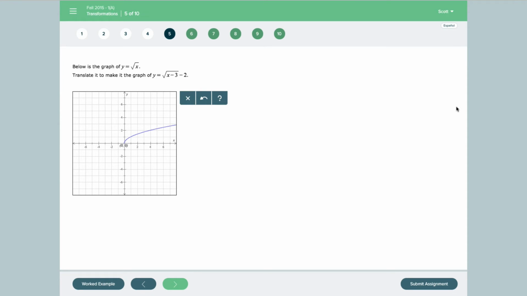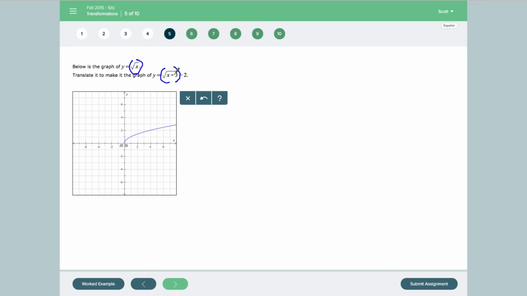Okay, below is the graph of the square root of x. Now here starts getting tricky. We have one inside and one outside. So we have to decide what we're doing first. Okay, think of it as a piece at a time. Now this is just the same thing as x minus 3 plus 2. The square root symbol, just think of it as parentheses.